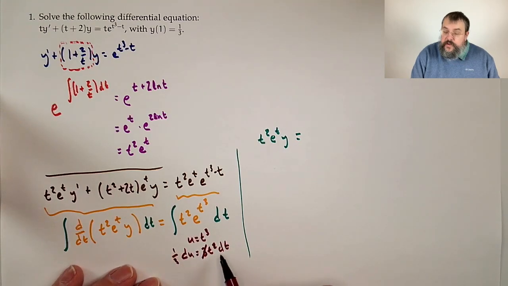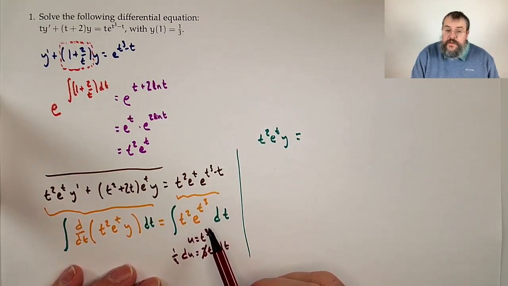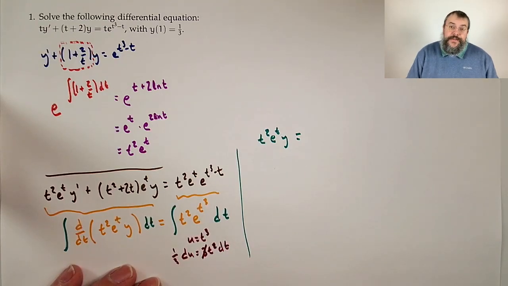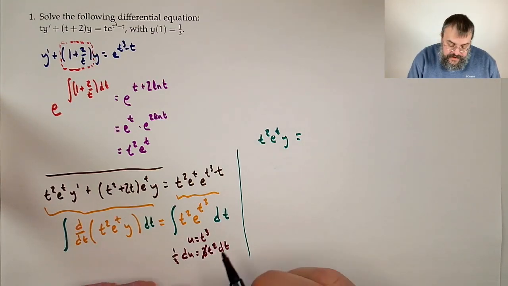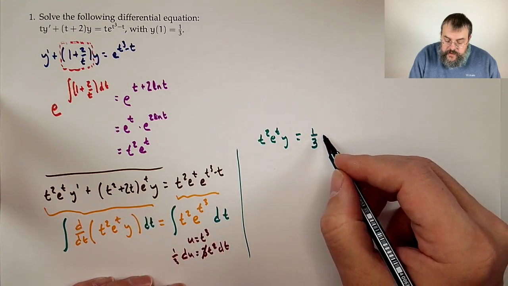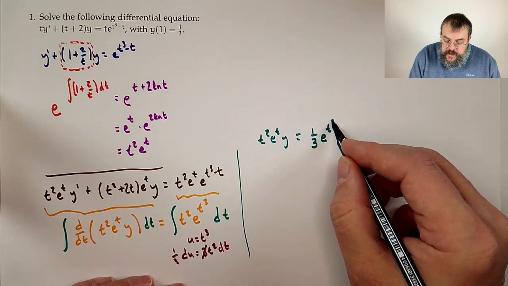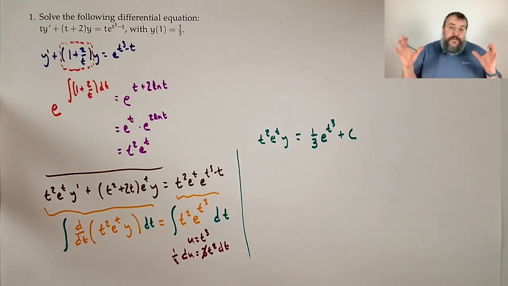So 1/3 du is t squared dt. So really what this is is the integral of e to the u du. The integral of e to the u is e to the u, which means that the integral of the right-hand side, don't forget the 1/3, is 1/3 e to the t cubed. And now you do need a plus c, because this is a point where you need a constant.